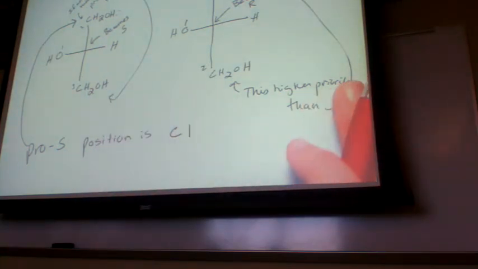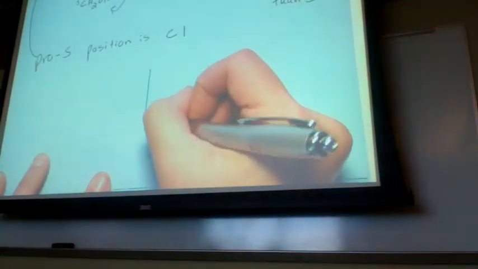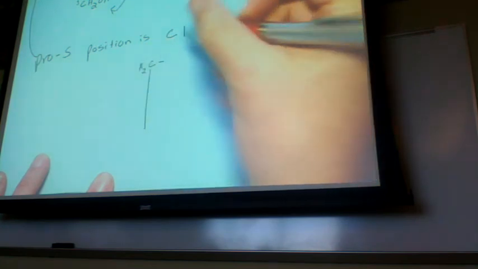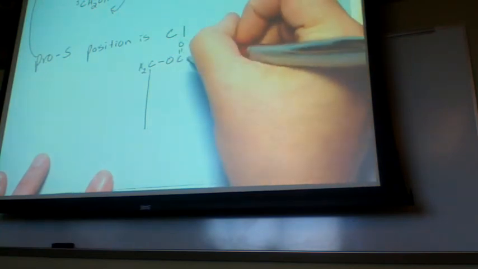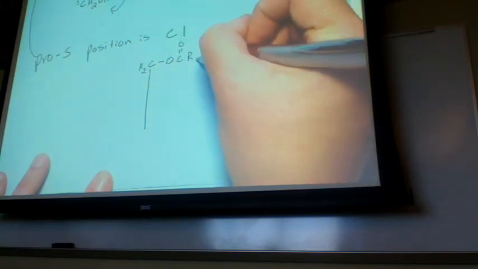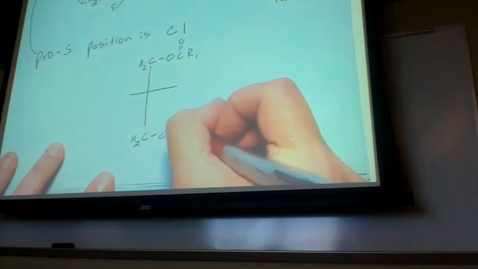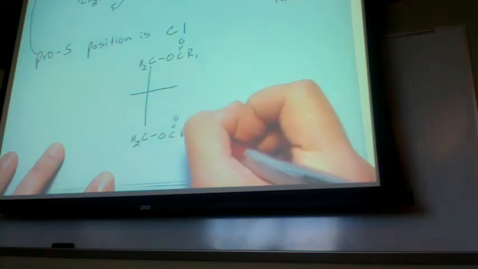So what that means is that when you're drawing your fatty acids, you really should be drawing them like this. Your triglycerides. So I'm just going to put an R1, so I'm drawing the whole chain out. And that would be R3.